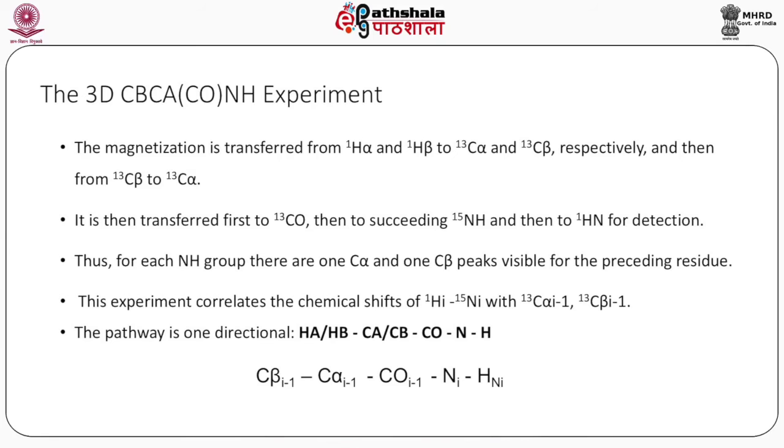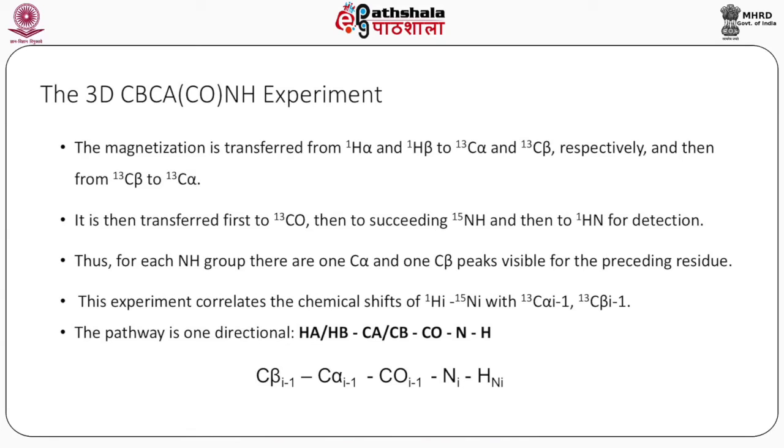Now, we look at the 3D CBCA(CO)NH experiment. When we put any atom into the brackets, it means that we are not doing chemical shift labeling for that atom, which is joined in the sequence.